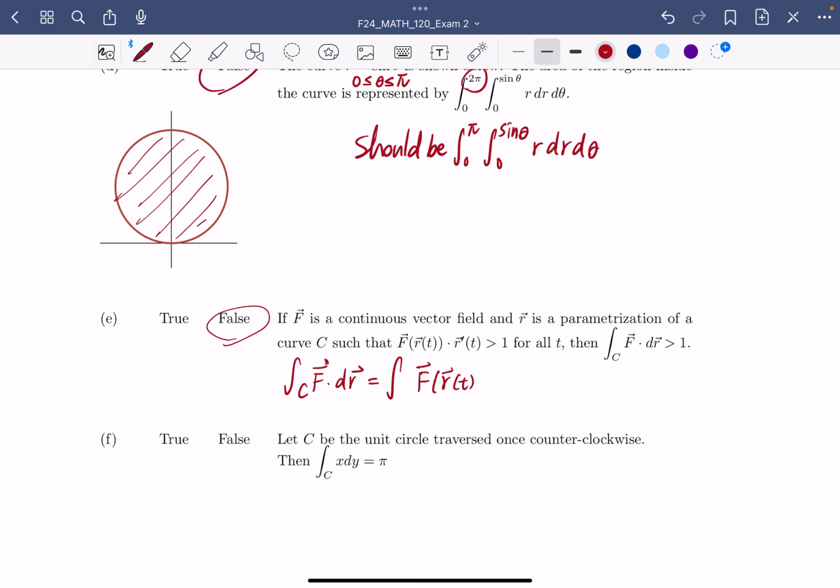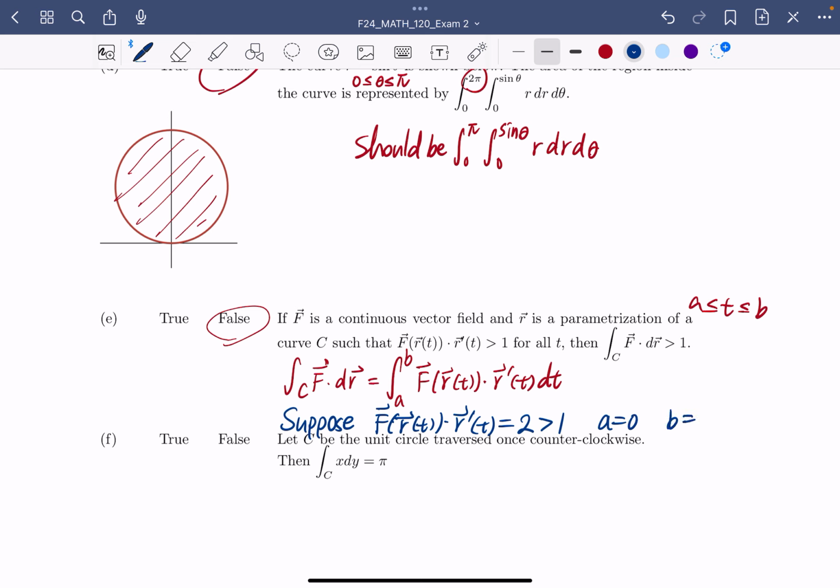say t ranges from a to b, then suppose this equals, say, 2, which is greater than 1 for all t, but your a equals 0 and b equals 1/3.